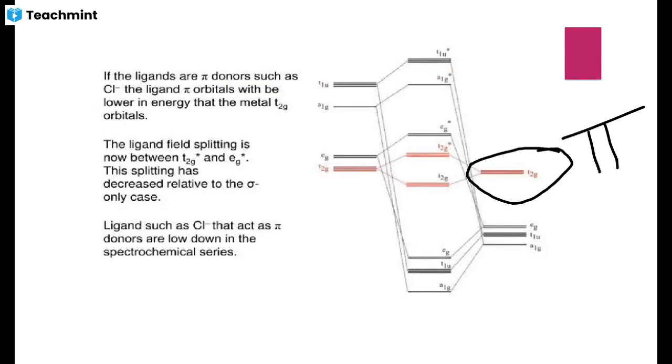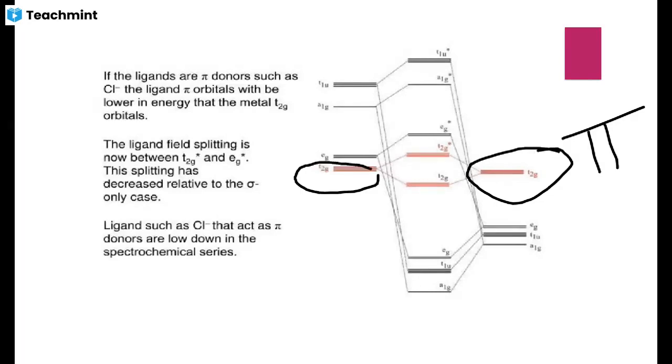Okay, but here there are two concepts. One, pi donor ligands, like Cl minus. These ligands are slightly more electronegative than the metal, so their T2G orbitals are slightly lower in energy than the metal T2G orbital energy level.